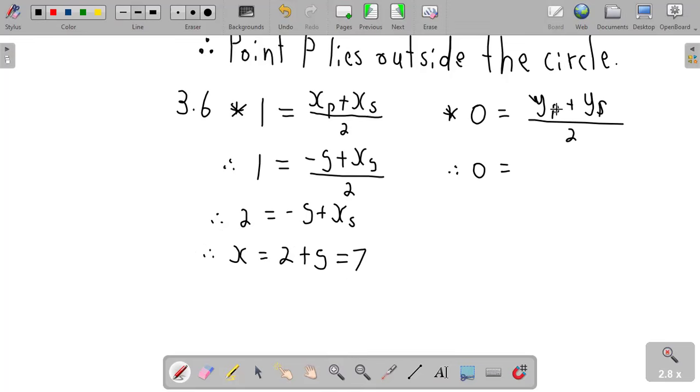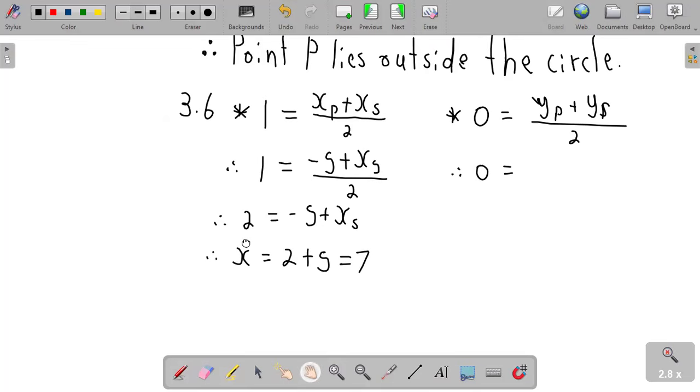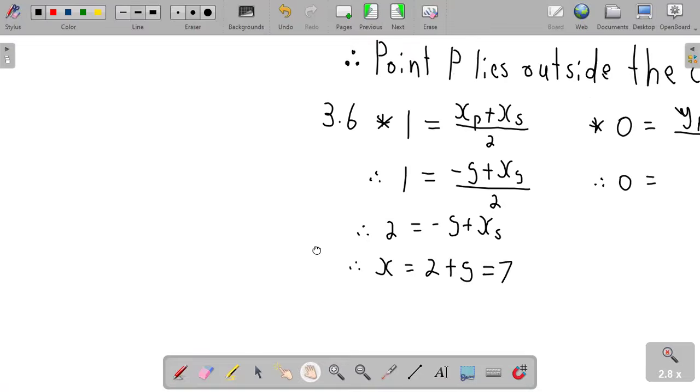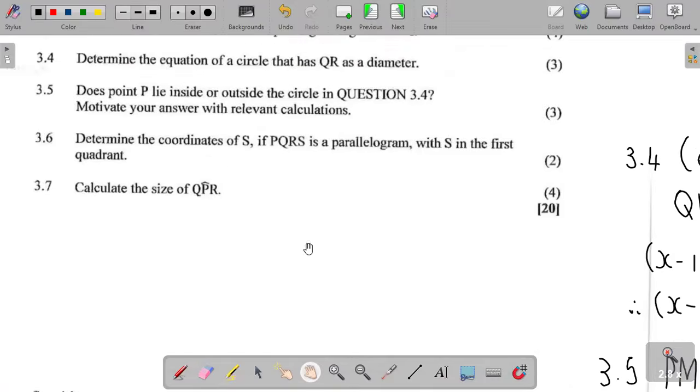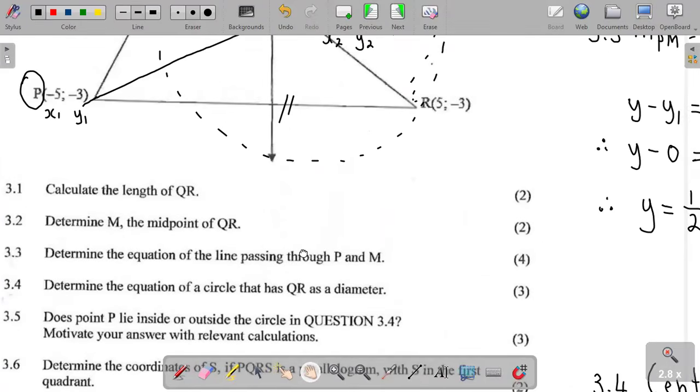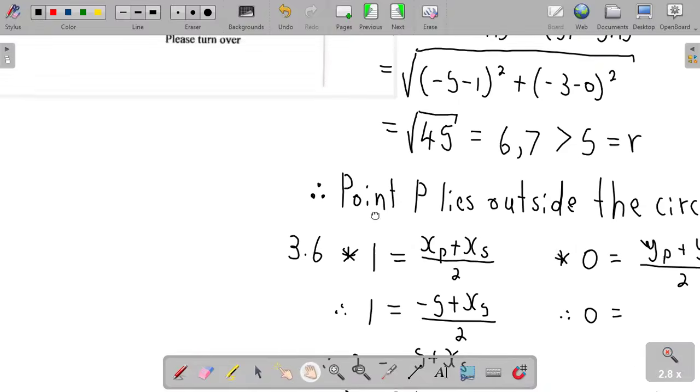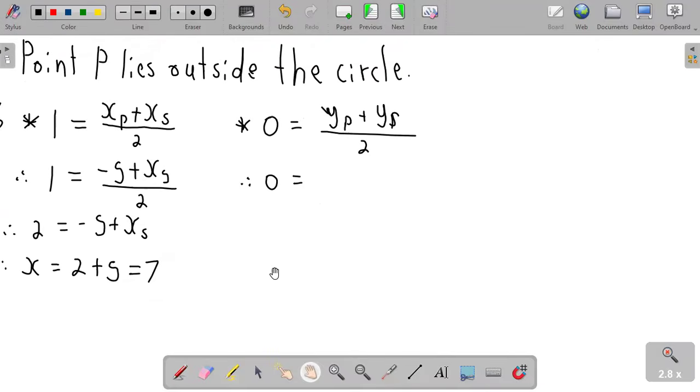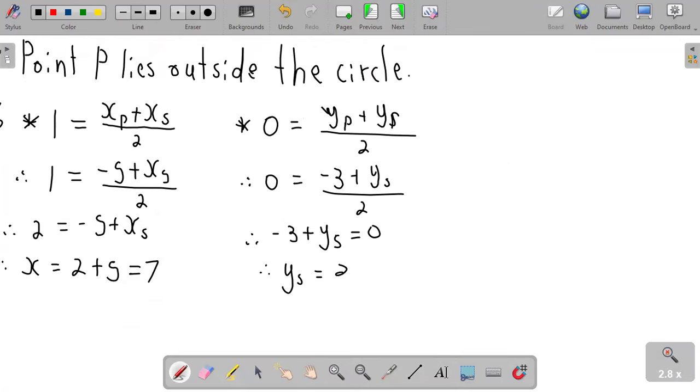And then y p is negative 3, so negative 3 plus the y for S equals 0. Therefore y s equals 3.